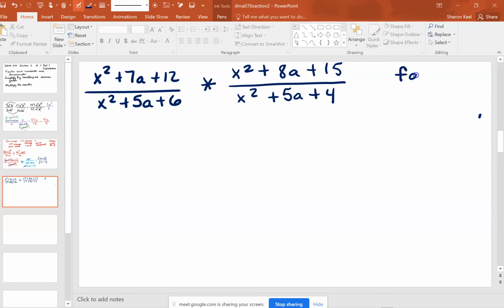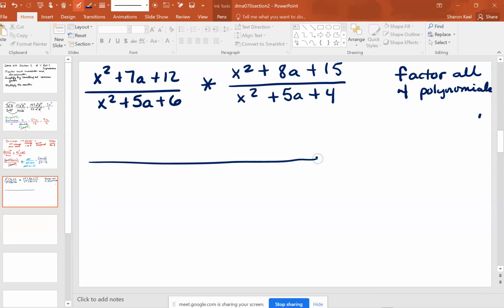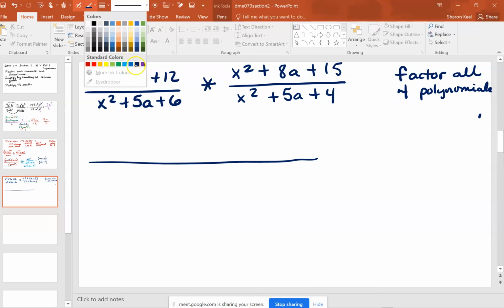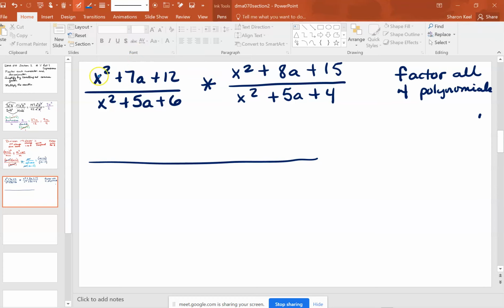Now what we need to do is to factor all 4 polynomials. Okay? Now, when I do this, I'm going to kind of color code it. It'll make it easier to follow. So for this first one here, I'm going to factor into 2 terms.